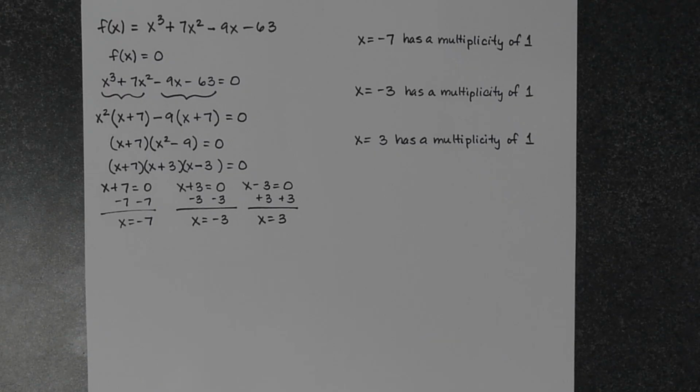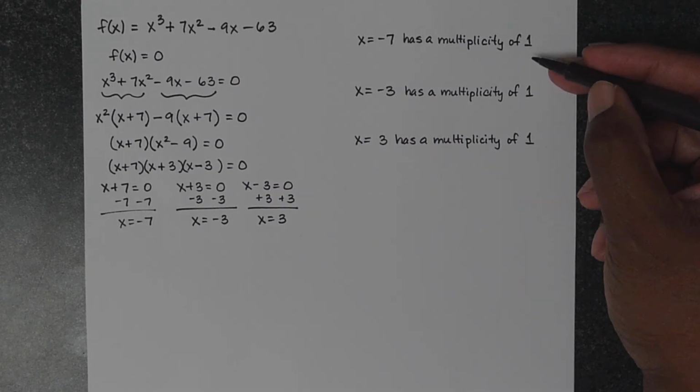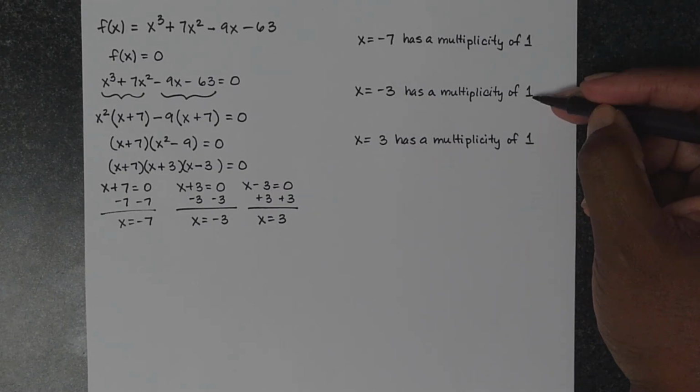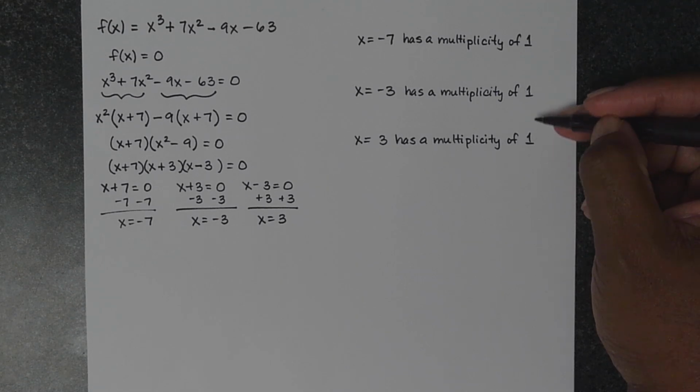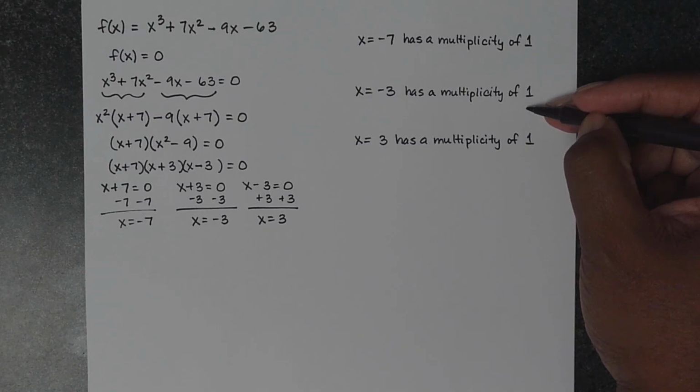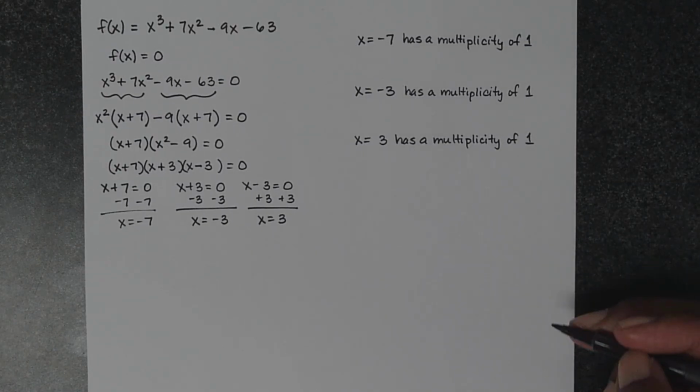Now let's see if they cross the x-axis or touch the x-axis and turn around at each of those zeros. Each one of those zeros has a multiplicity of 1, and 1 is an odd number, so x equals negative 7 has odd multiplicity, x equals negative 3 also has odd multiplicity, and x equals positive 3 also has odd multiplicity.